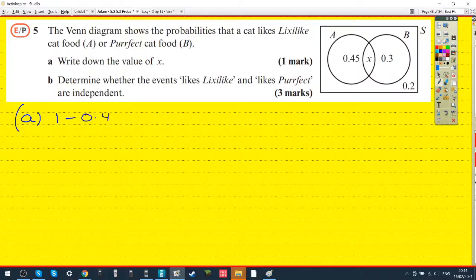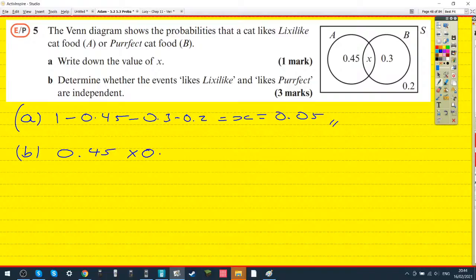Which gives you 0.95, so it'd be 0.05, which is X. And B. Would you do 0.45 out of 1, or just 0.45, times 0.3? Which is 0.135.